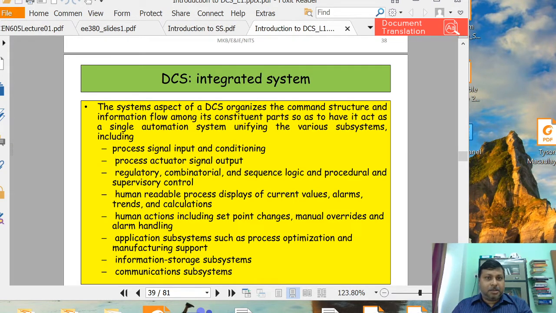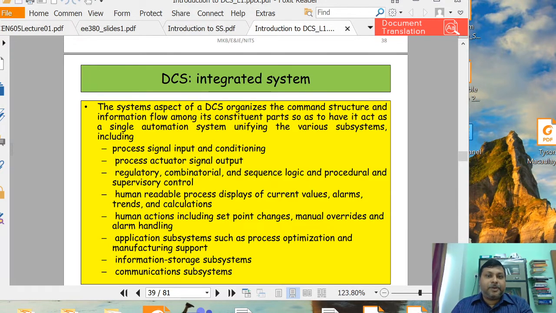DCS organizes the command structure and information flow in such a way that it is integrated as well as united. How? Now, the process signal input and conditioning has to be performed by a subsystem, but in a unified way.